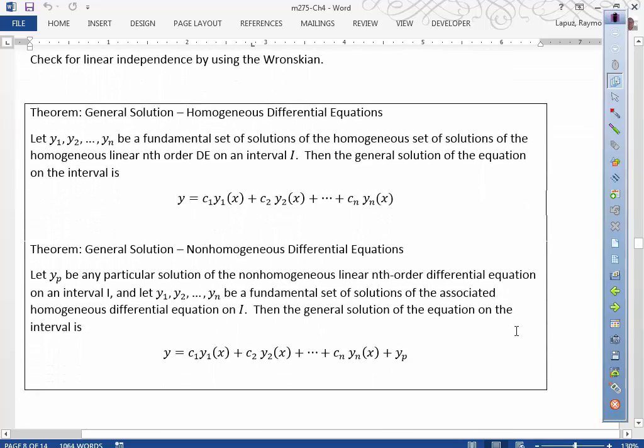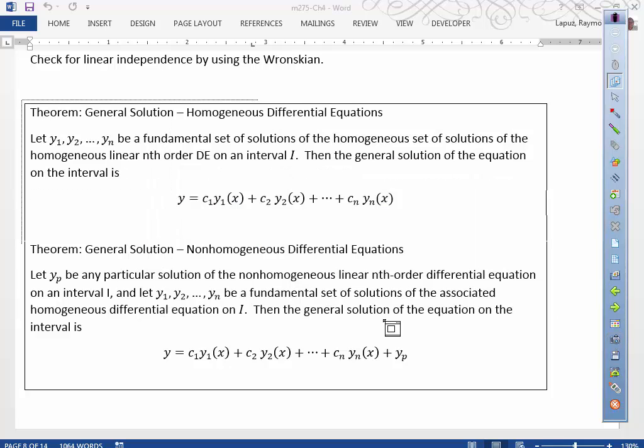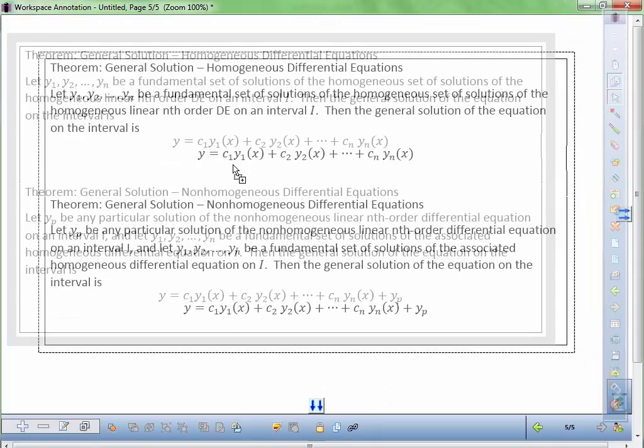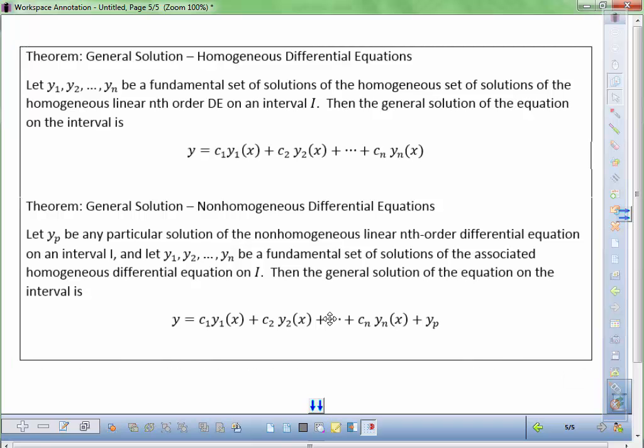This is a little summary note that we had from 4.1. So this actually pertains to what we're going to do now, so I'll recopy it. To find a general solution for a homogeneous differential equation, we have to collect the fundamental solutions.